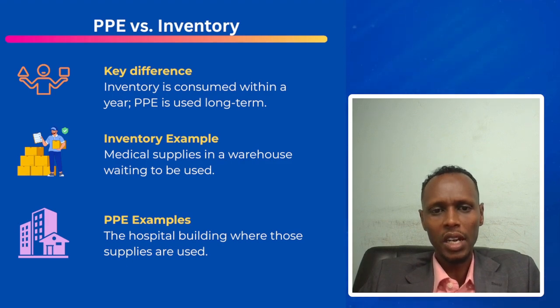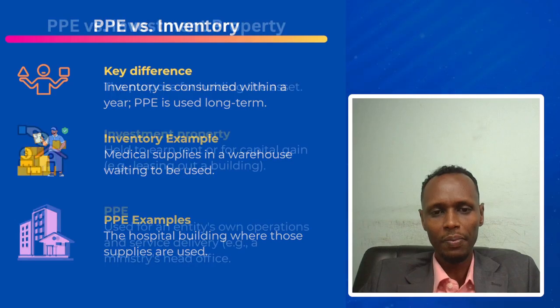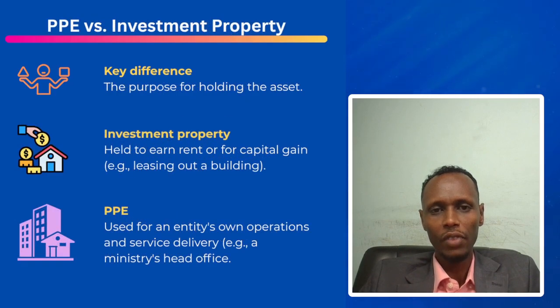So, in our next slide, we will compare PPE with investment property. Both share the name property. So, what is the difference? We know it all comes down to purpose. If a public entity owns a building and leases out the office space to earn rent, that building is investment property. Its purpose is to generate financial return or revenue.